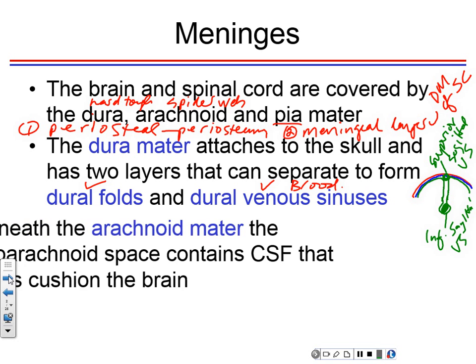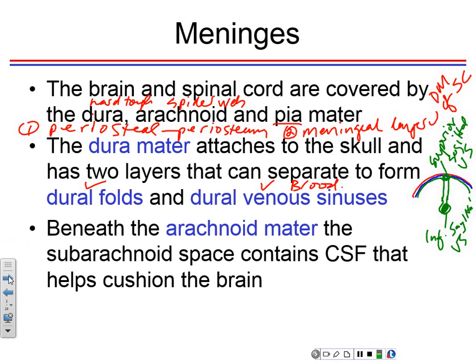All right. So we know that the arachnoid is the middle meninge, and underneath it is the subarachnoid space. That's where you find the cerebrospinal fluid.